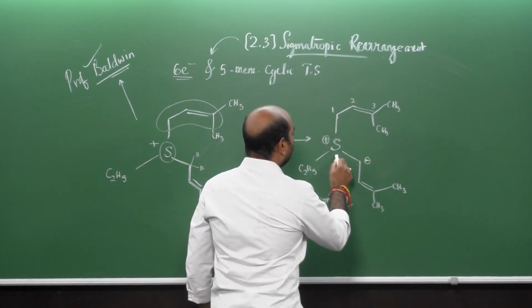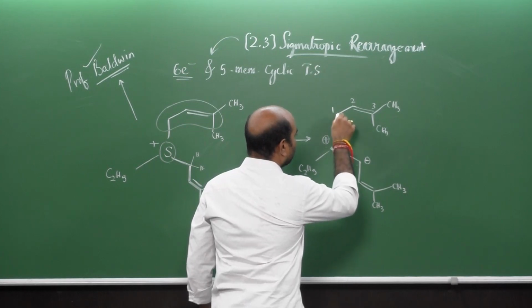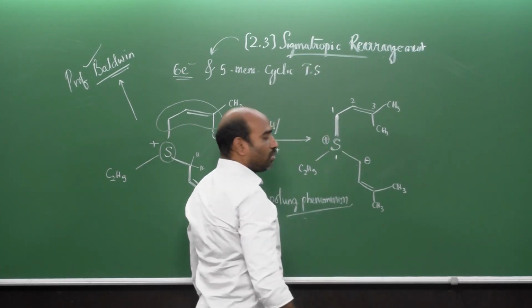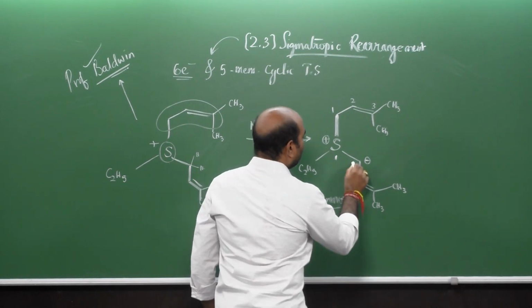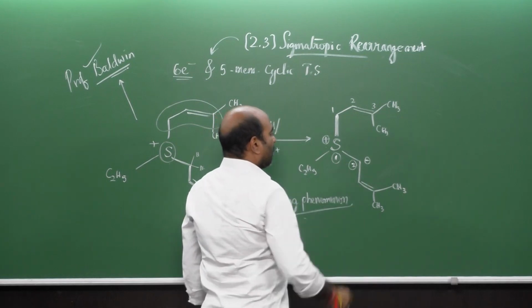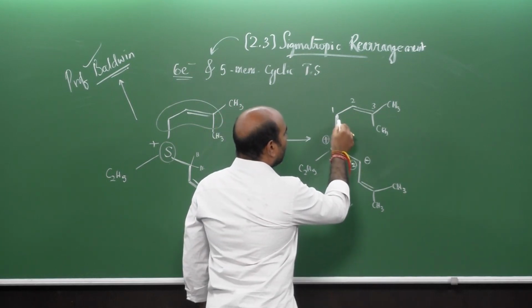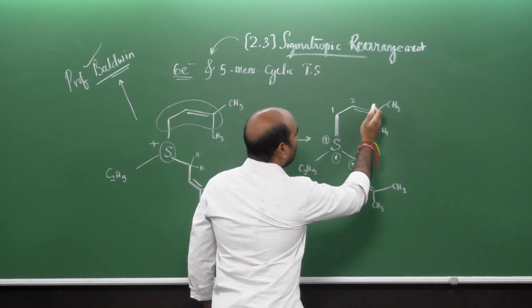So now this portion is the sigma bond which is supposed to migrate. It is also numbered starting with 1 and this is 2, right? So now this sigma bond is entirely moving from the 1,1 position to the 2,3 position.